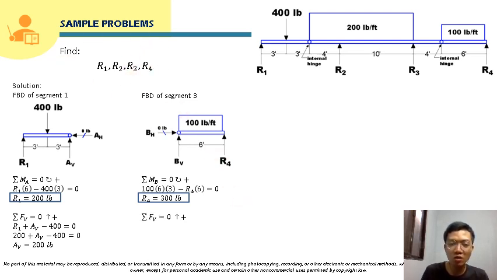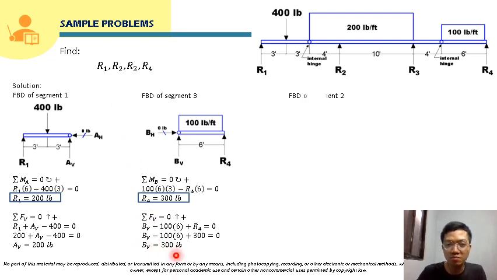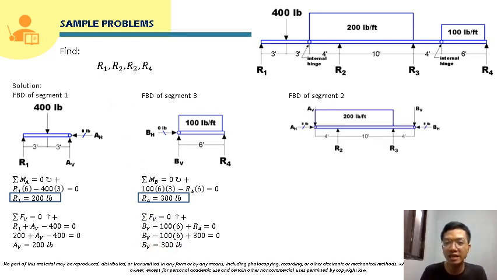Also, we can solve for BV by summing up forces vertical. That will just be BV minus 100 times 6 plus R4 is equal to 0. We already have R4, so solving for BV, that will just be 300 pound. No need to box that, since we are not solving for BV. We will just use BV for the free body diagram of the second segment.